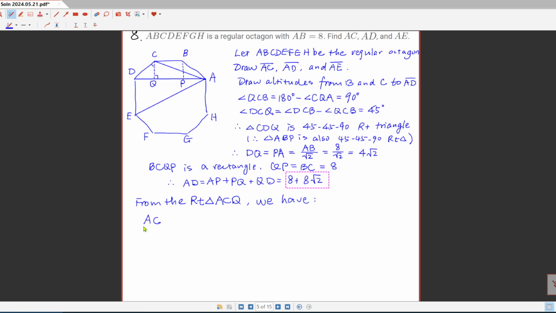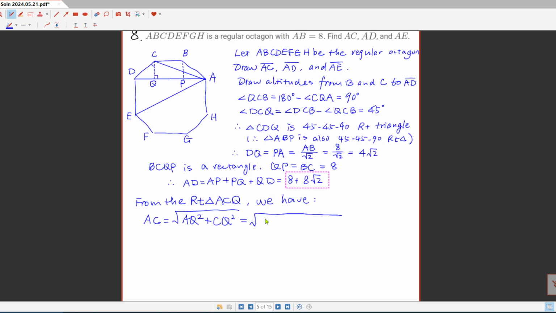AC equals square root of AQ squared plus CQ squared, right? And we know that AQ is 8 plus 4 root 2.